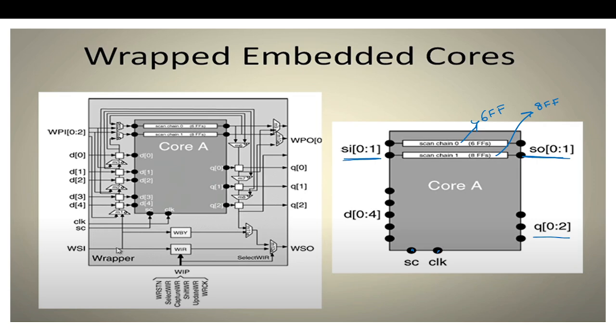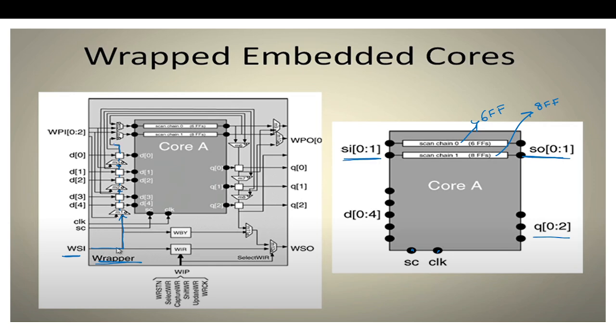Now this core is surrounded by a wrapper cell. It consists of parallel as well as serial wrapper cells. So we have WSI. If we configure the multiplexer to input this, then we can shift in the pattern in a serial way.